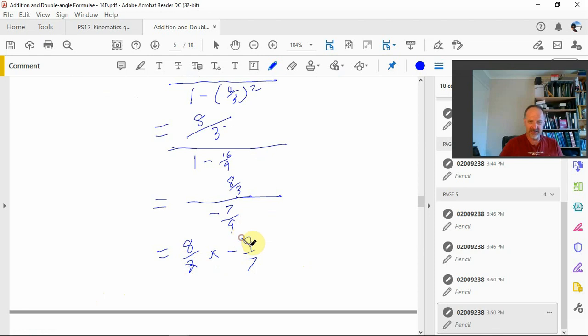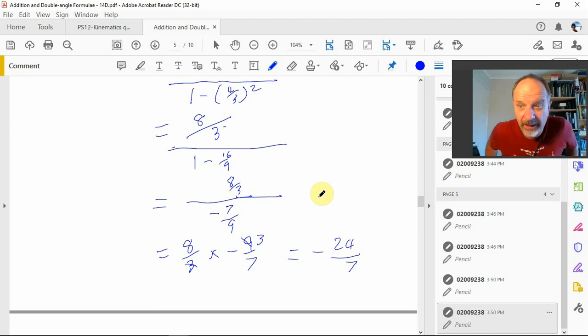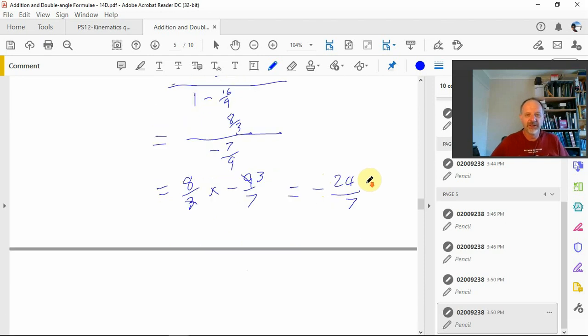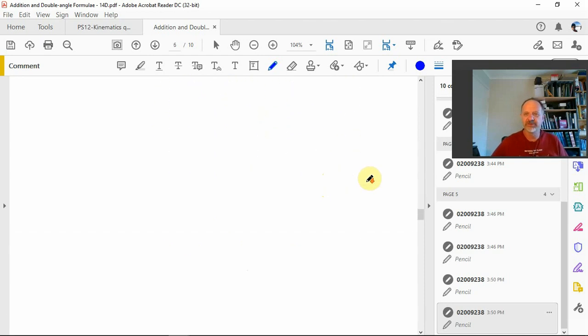Got some cancelling there. 3 eights are 24 over 7. So make sure you double check that you're using the right values, unlike myself. Okay, I left myself some extra room if I needed it, which I didn't.